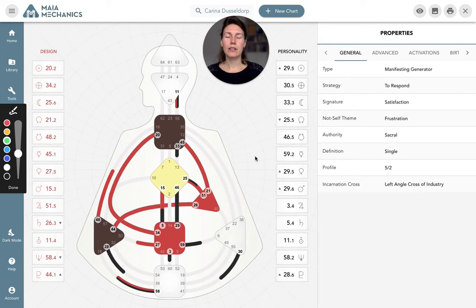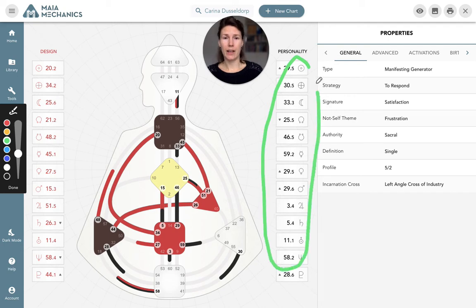So the colored in centers, they're reliable, they're fixed, they're consistent in a specific way, depending on the specific lines. And these lines and these numbers that you see here, they all correspond with the numbers you see on the right side here in this column, here on the personality side, and on this side.